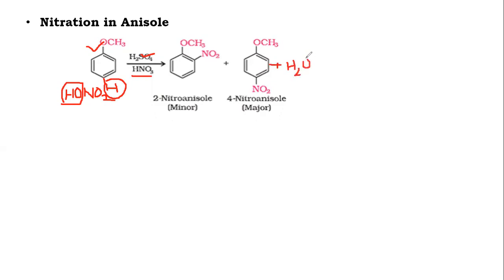Since the hydrogen at the para position is replaced by the NO2 group, it will give para-nitroanisole or 4-nitroanisole. The same reaction will take place at the ortho position also. So in this manner, the hydrogen is replaced by the nitro group in the nitration of anisole.